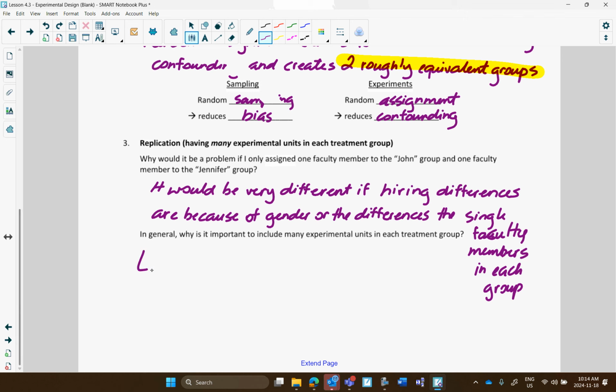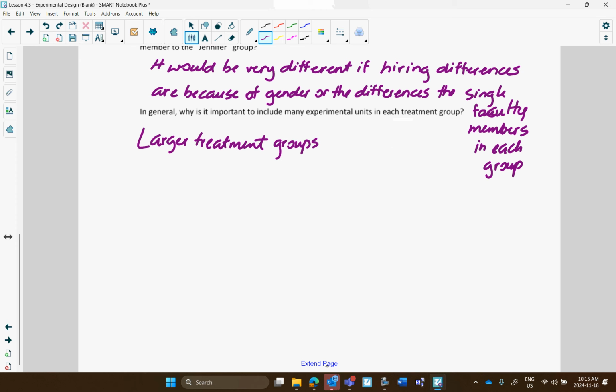So larger treatment groups reduce the likelihood of differences.